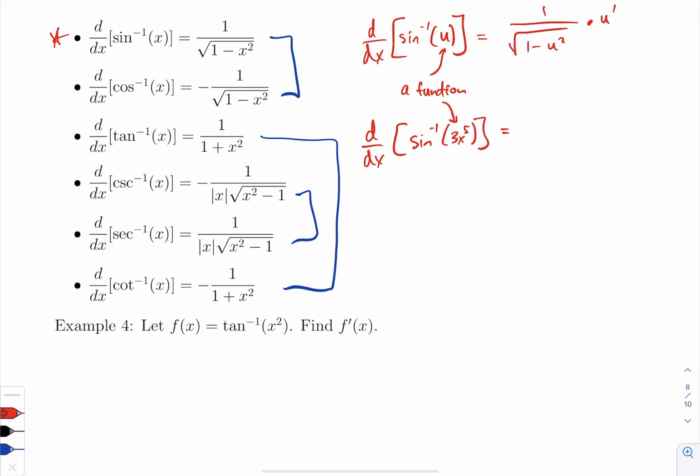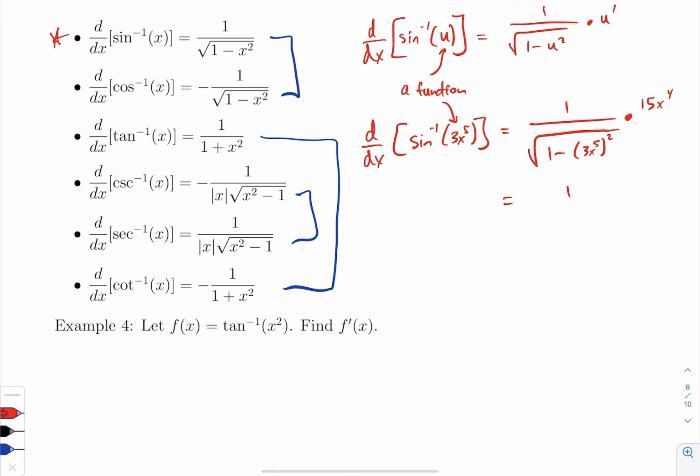So this is going to be 1 over the square root 1 minus whatever that argument is for the function, so 3x to the 5th, that all gets squared, and then I need to multiply that by the derivative of that inside function. So that's using the power rule, 5 times 3 is 15, so times 15x to the 4th.